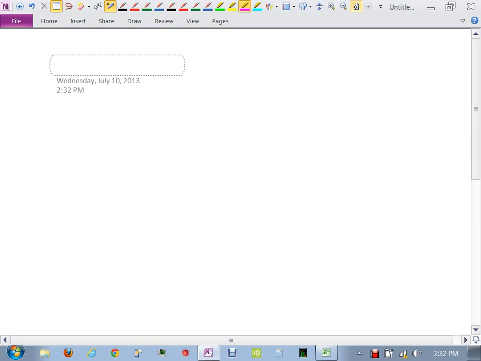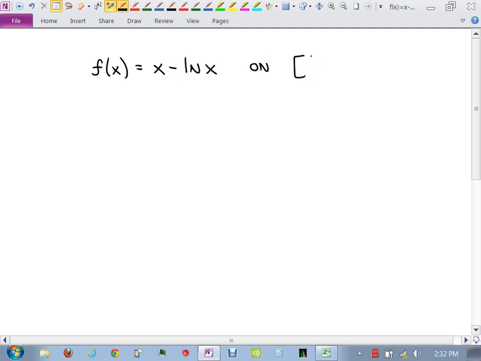Let's look at f of x equals x minus natural log x on the interval 1/2, 2.